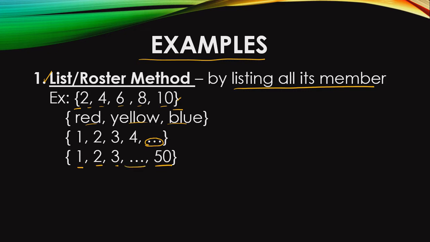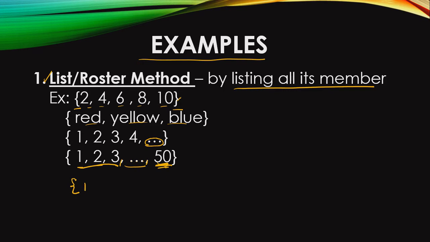So what we do is put the first 3 examples, and then comma, dot, dot, dot, comma, and then the last term. For another example, class, we're going to write the elements from 1 to 1,000. Don't tell me we will write them all one by one. What we will do is create 3 elements, then dots, and then the last term.